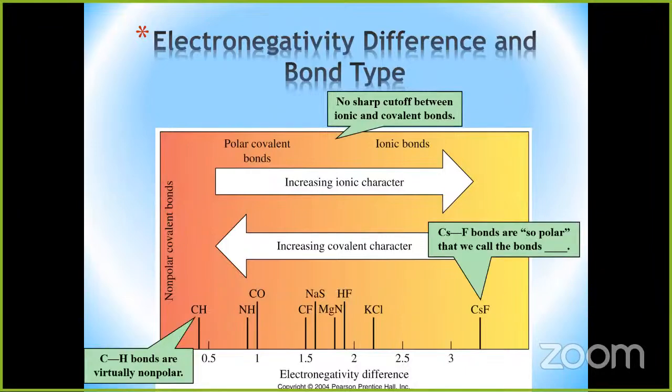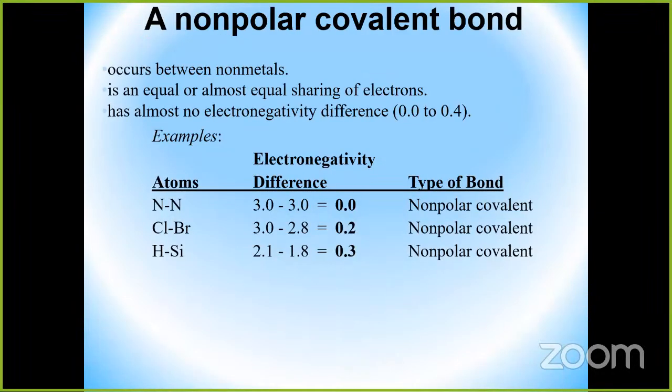In fact, there are criteria used to determine whether or not a bond falls into any of those categories. Here are the criteria. In the case of the nonpolar covalent bond, if the difference is between 0.0 and 0.4, then we consider that bond to be a nonpolar covalent bond. Some examples are shown here.